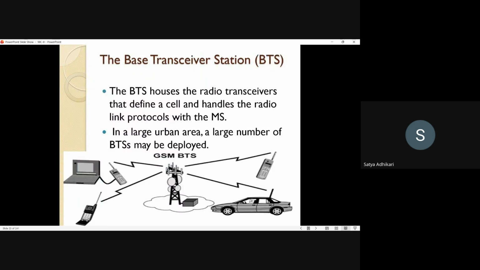Then see the BTS. The BTS houses the radio transceiver that defines a cell and handles the radio link protocol with the MS. In a large urban area, a large number of BTS may be deployed. You see, there are different types of MS, mobile stations, but you see the GSM BTS, so there is a connection between the MS and the BTS.